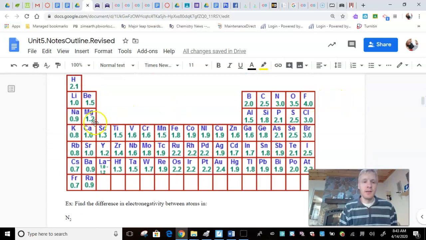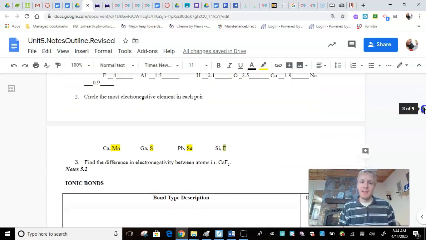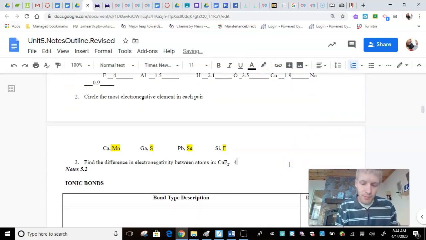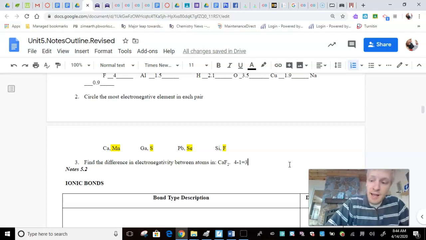Fluorine's 4, calcium's 1. So it's 4 minus 1. You got it, 3. 4 minus 1 equals 3, which would make that a very ionic bond because it is greater than 1.6.